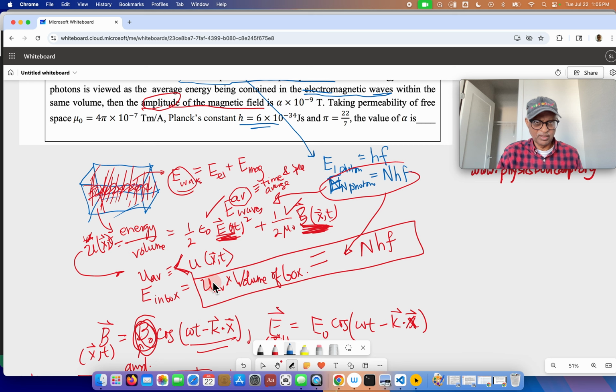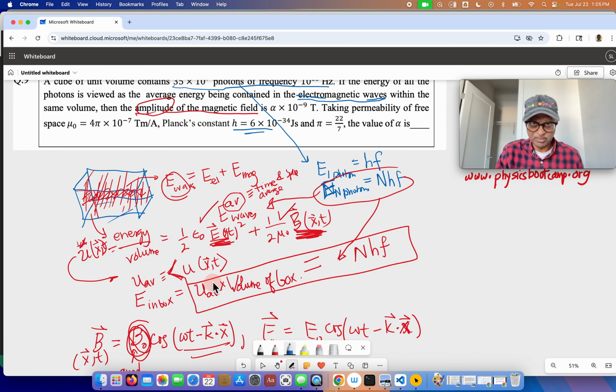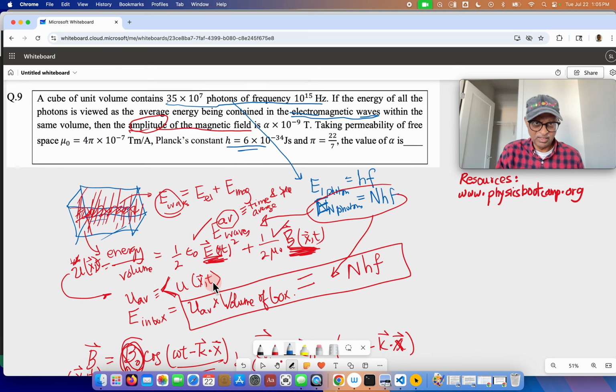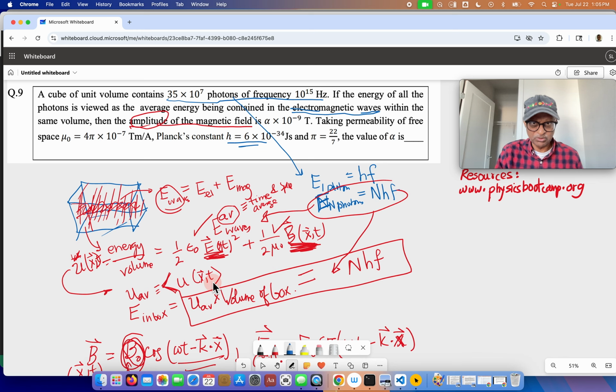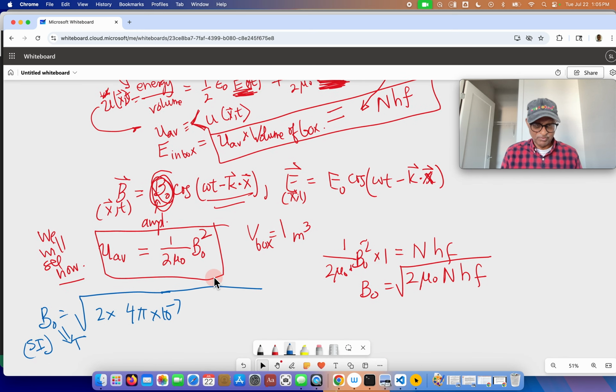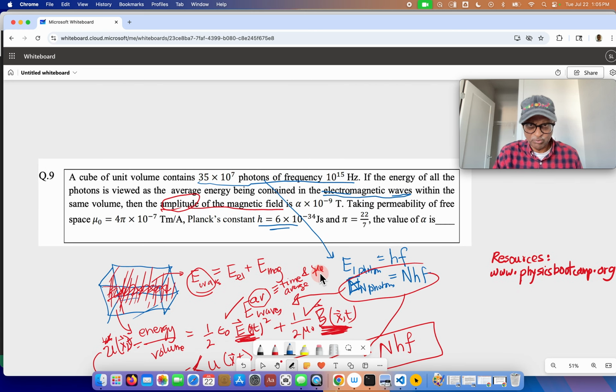And h is given as 6 times 10 to the power minus 34. N is 35 times 10 to the power 7. And for the frequency, let's check, 10 to the power 15.